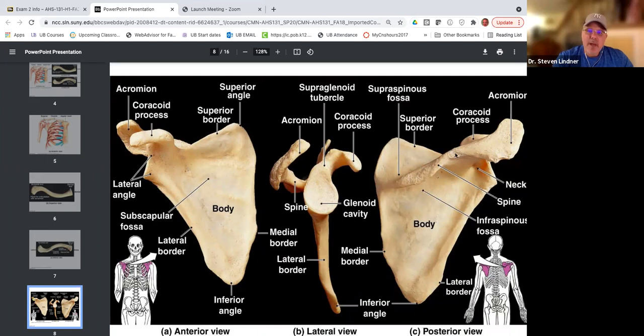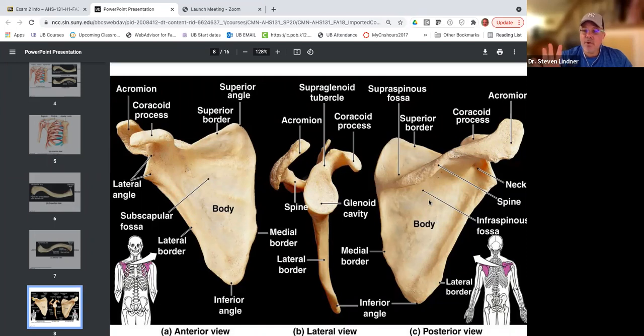So the spine of the scapula is a real important landmark, because once you find it, we can say, it begins here at the medial border, goes superior and lateral, and takes us to the highest point, the acromion process. There's a fossa above it and a fossa below it. The fossa above the spine is the supraspinous fossa, and the fossa below it is the infraspinous fossa.